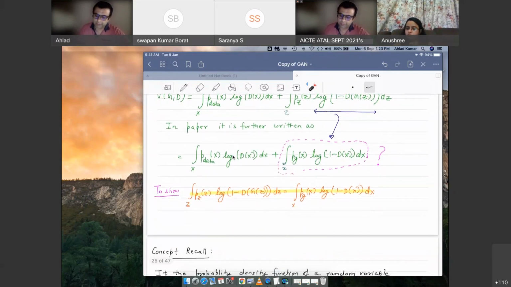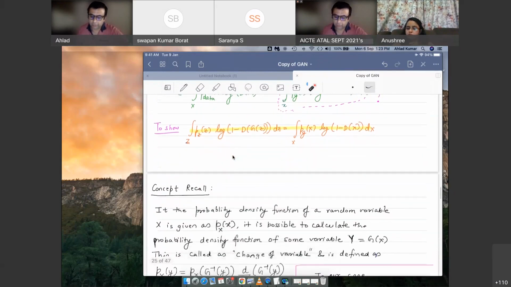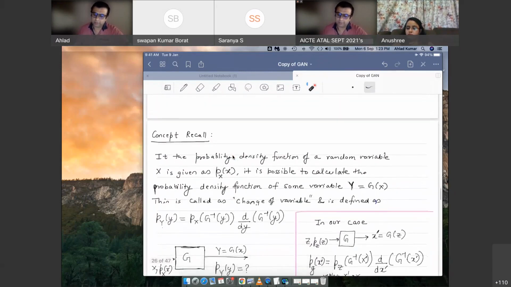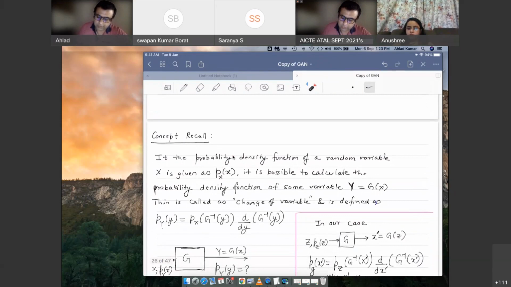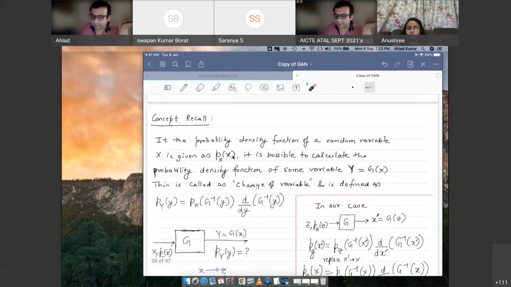So our main target is to make this particular thing on the left side equal to the right. How can we do that? If you recall the concept of probability distribution, it comes from the probability density function.